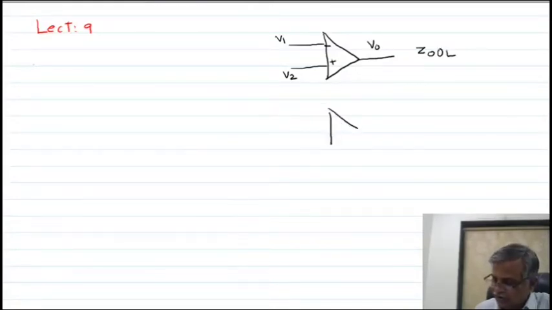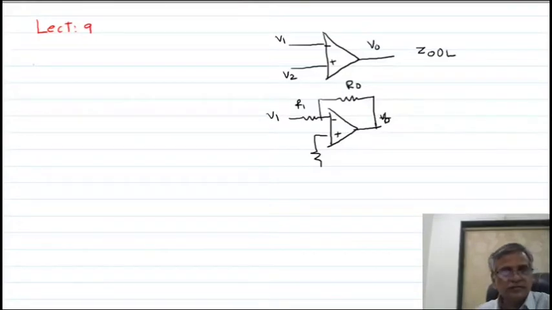This is called closed loop operation. You have given some part of the output to the input through some feedback component. So this output impedance is ZOCL.